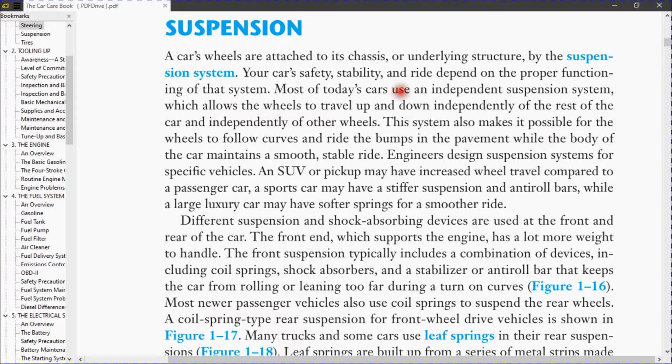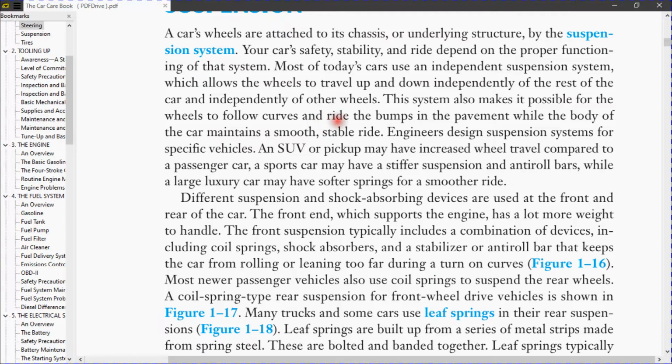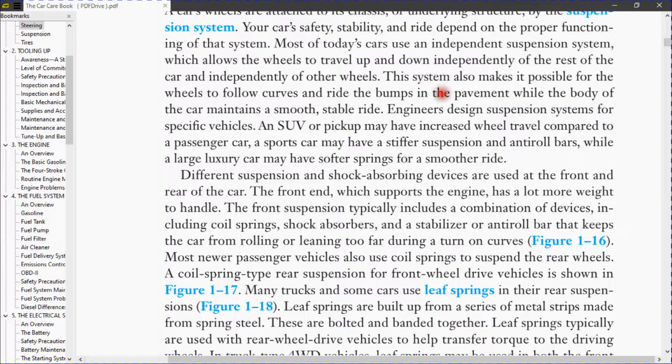Most of today's cars use an independent suspension system, which allows each wheel to travel up and down independently of the rest of the car and of the other wheels. This system also makes it possible for the wheel to follow curves and ride over bumps in the pavement while the body of the car maintains a smooth, stable ride.